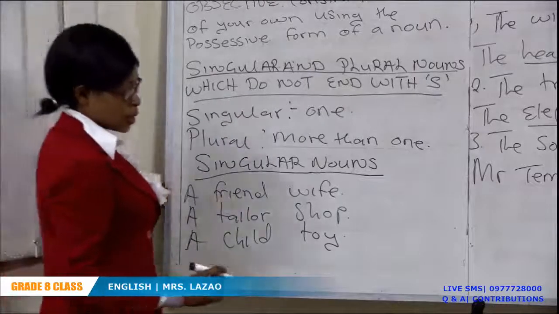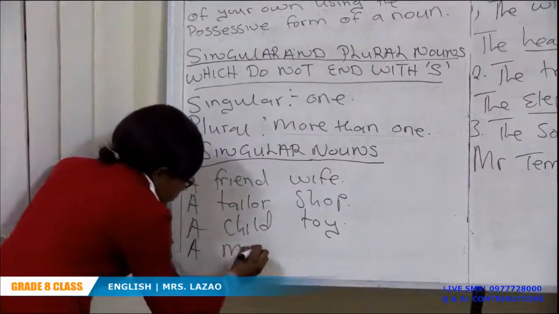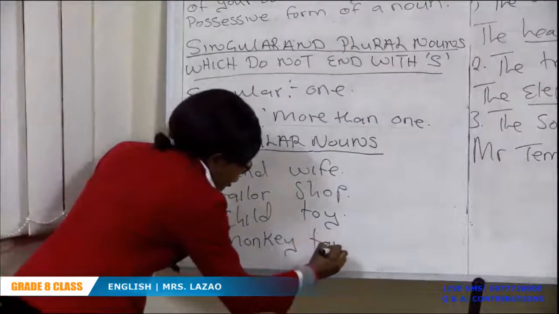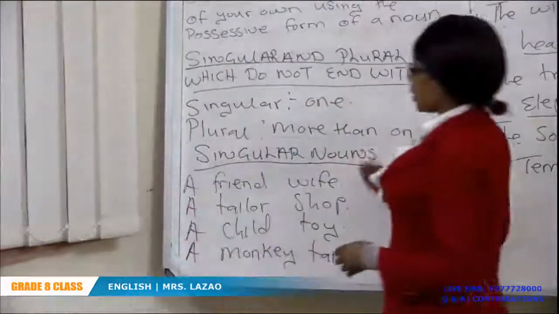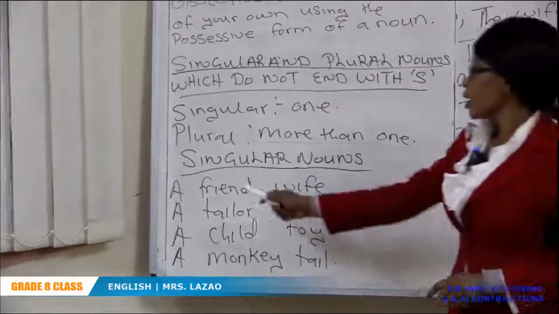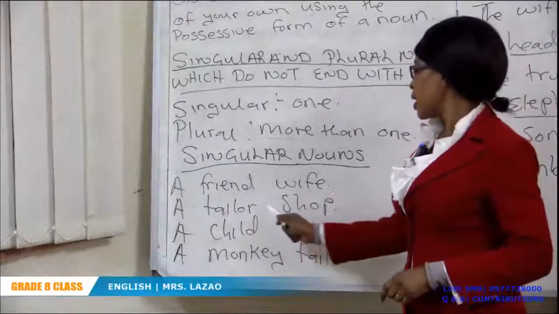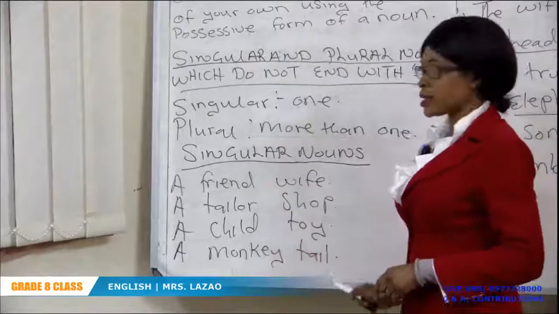The last one, a monkey's tail. Let's look at these examples: a friend, wife; a tailor shop; a child toy; a monkey tail.